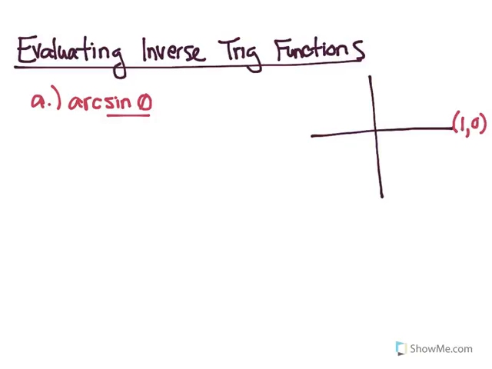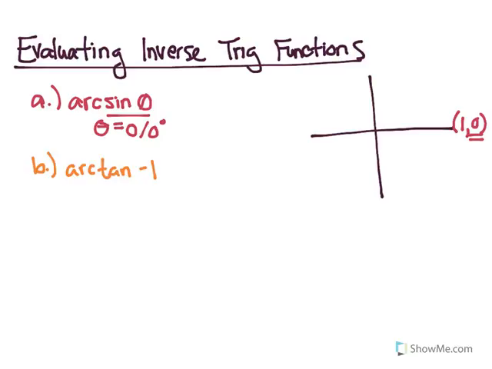I also know that it happens over here as well, but because that's not where my answer is supposed to be, I'm not going to consider it. So that's kind of nice. So what we have to decide now is at what degree measure is sine equal to 0 here. And the answer, of course, is that theta equals 0 radians or 0 degrees.